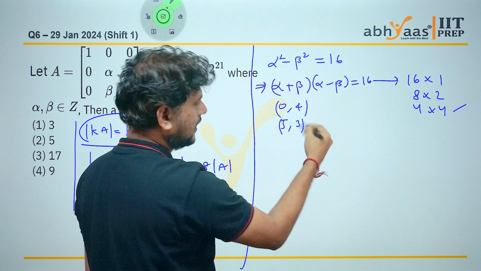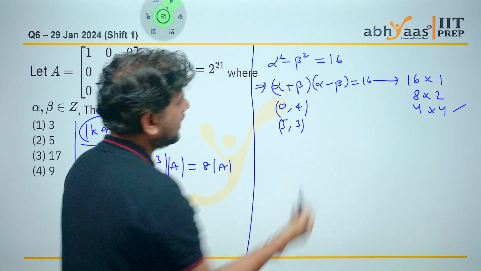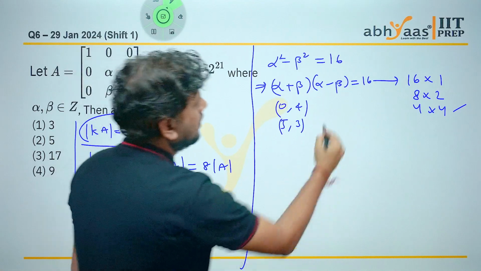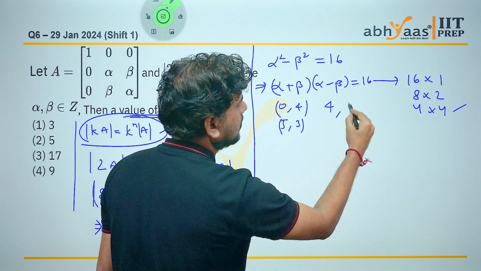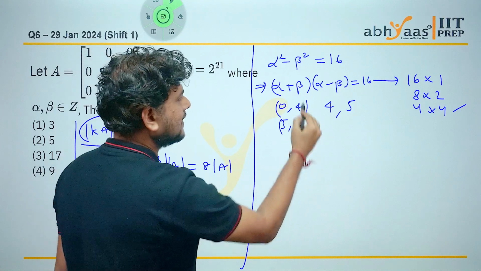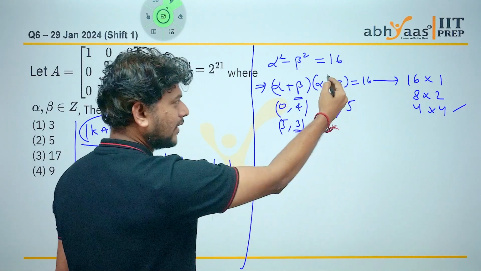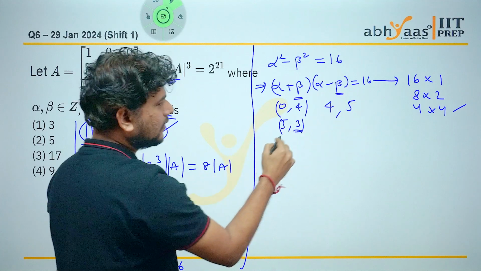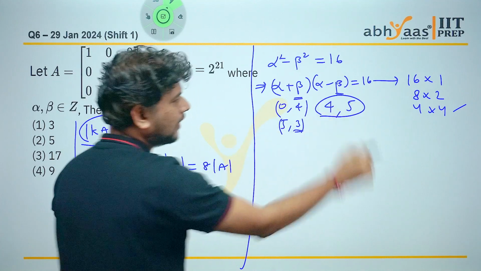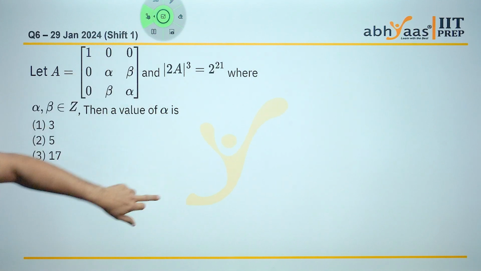So this will also come. So for alpha, we can take 4 or 5. Since beta is less here, 3 minus 5 will be minus 2, right? So we'll get minus 16. So we confirmed alpha can be 4 or 5. So from the given options, 2. Okay, next question.